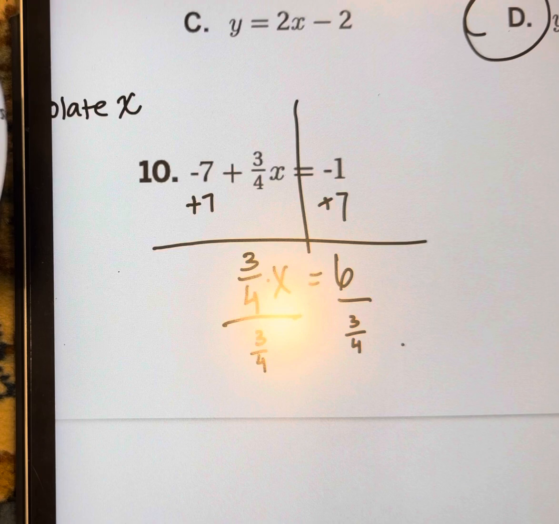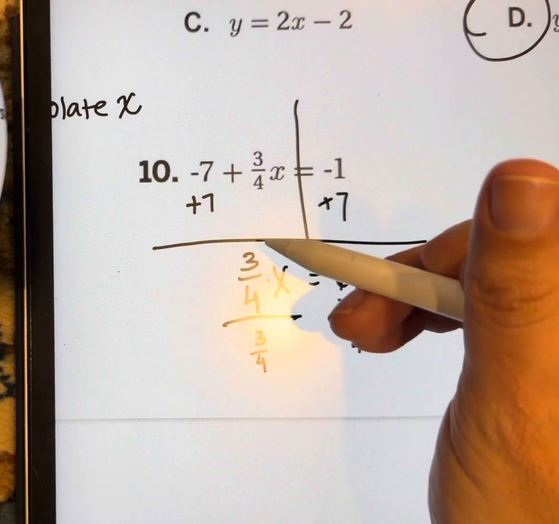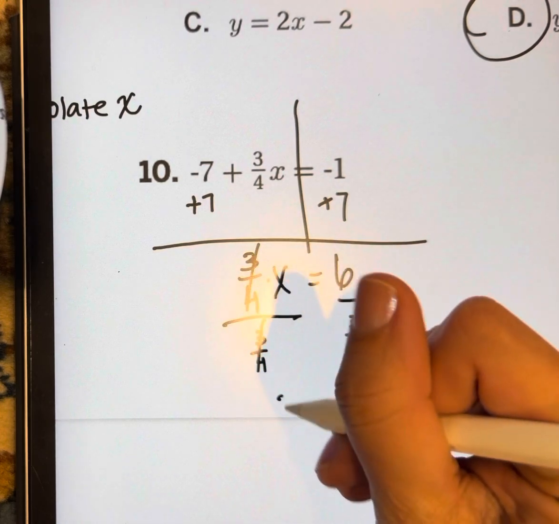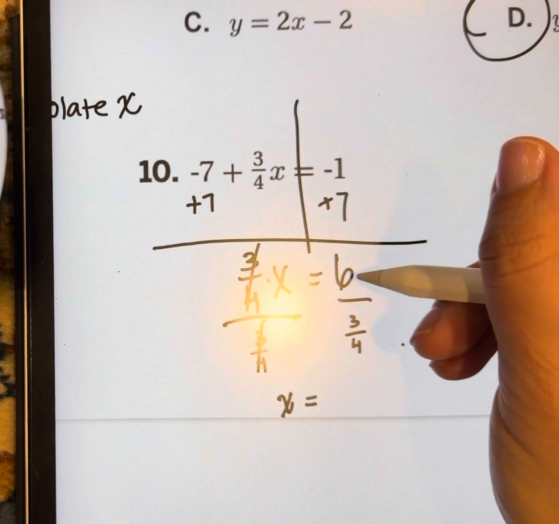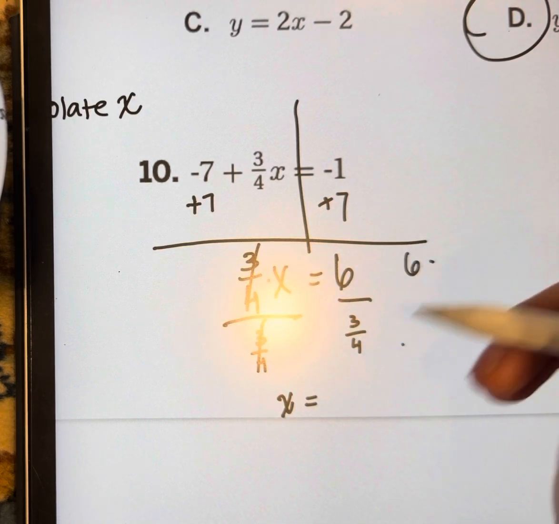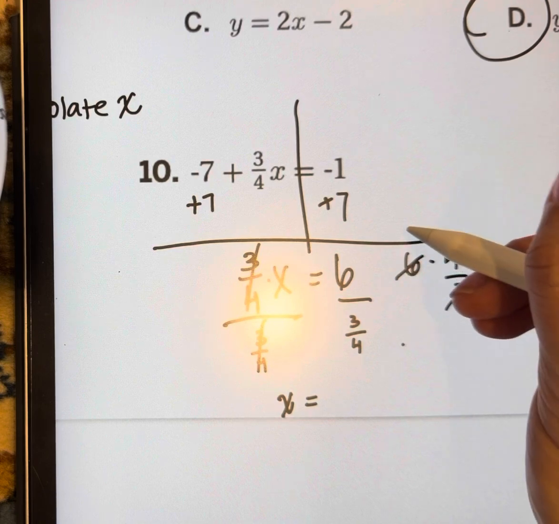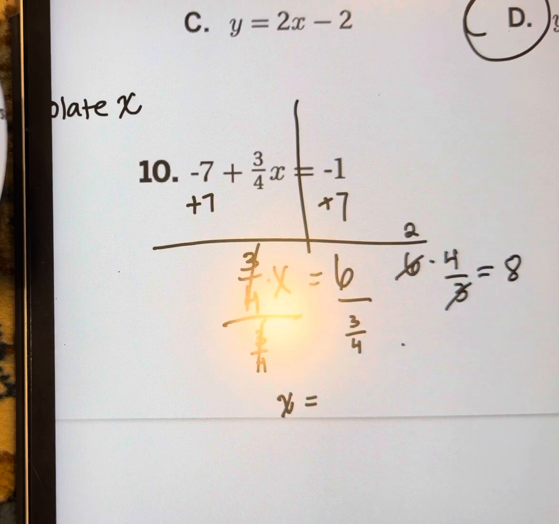That totally works. And if you have a calculator, you're pretty much golden as long as you're careful to put this in parentheses in the denominator. If you do it by hand, you can keep, change, flip. And so then this becomes 3 goes into 6 twice. 2 times 4 is 8.